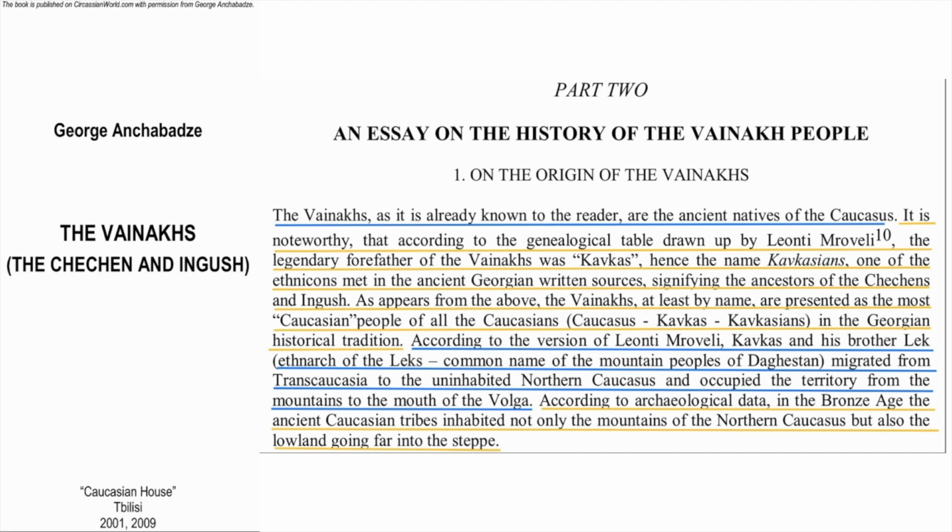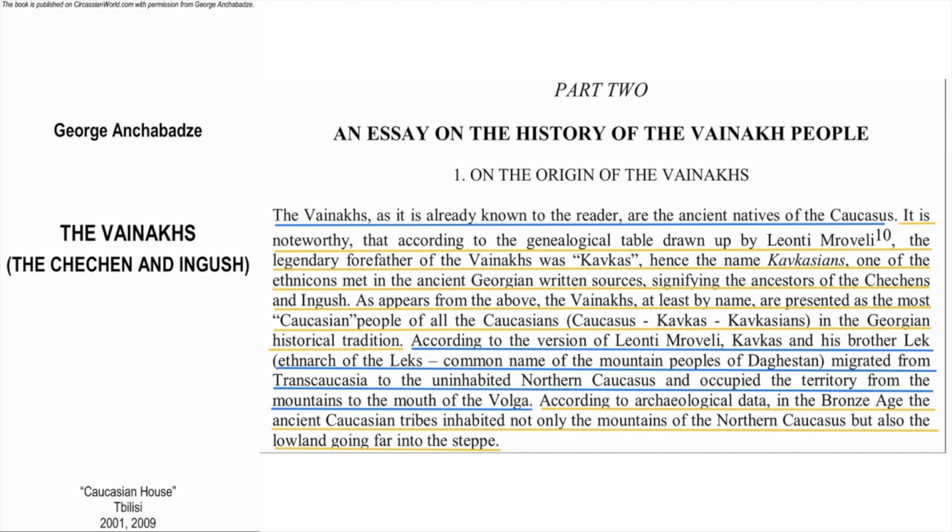It is noteworthy that according to the genealogical table drawn up by Leonti Mroveli, the legendary forefather of the Veinakhs was Kavkas, hence the name Kavkasians, or Caucasians. Anyways, one of the ethnonyms met in the ancient Georgian written sources, signifying the ancestors of the Chechens and Ingush.